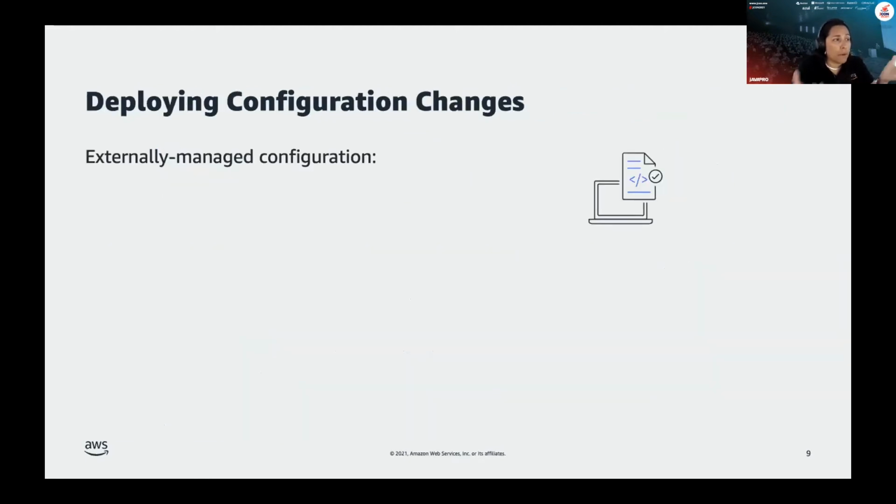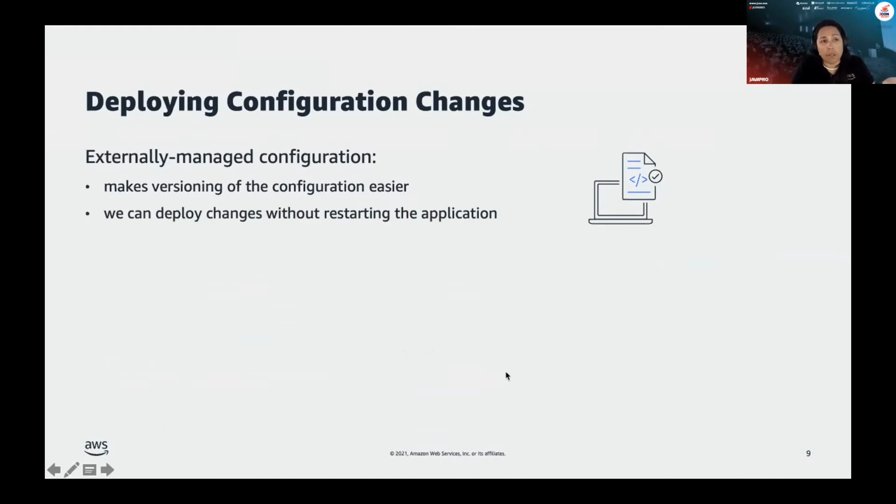If we think about externally managing our configuration, this in fact has a number of benefits. It will make versioning our configuration much easier. So we separate code and we separate our configuration, and we version each of them independently. This also means we can deploy changes to our application without restarting it.